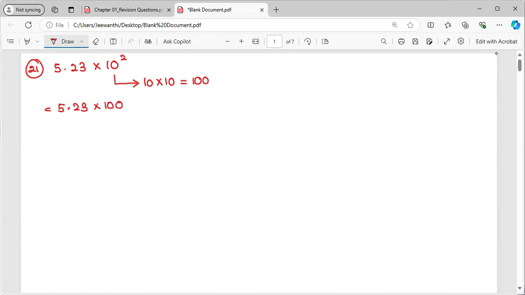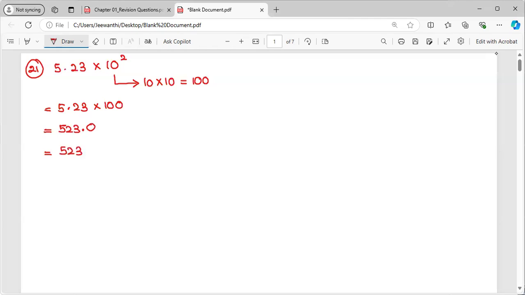We discussed how to do these kinds of questions earlier, when we were discussing the first 20 questions. This is easy: we want to move the decimal point 2 steps to the right. So that becomes 523.0, but there is no point of keeping 0 at the end in a decimal number. So you just conclude the answer like this, 523.